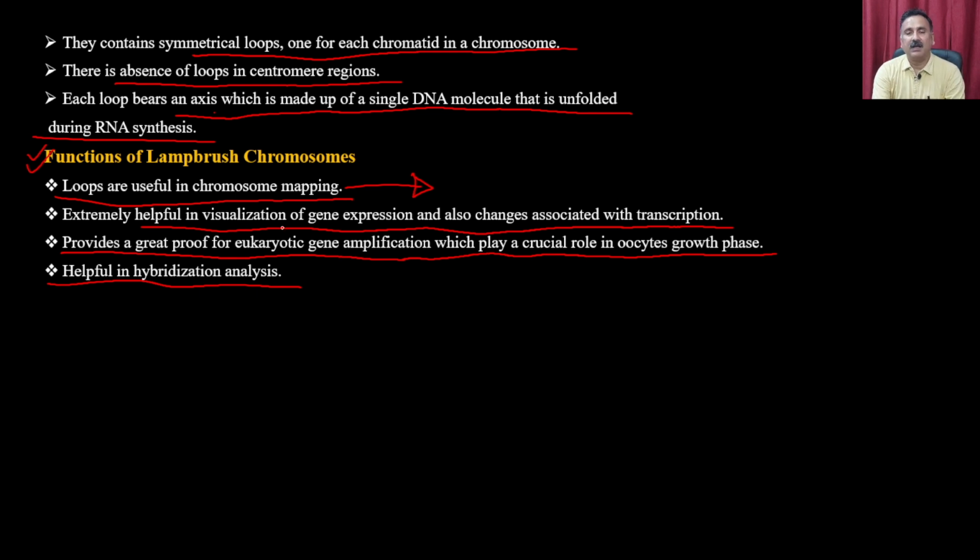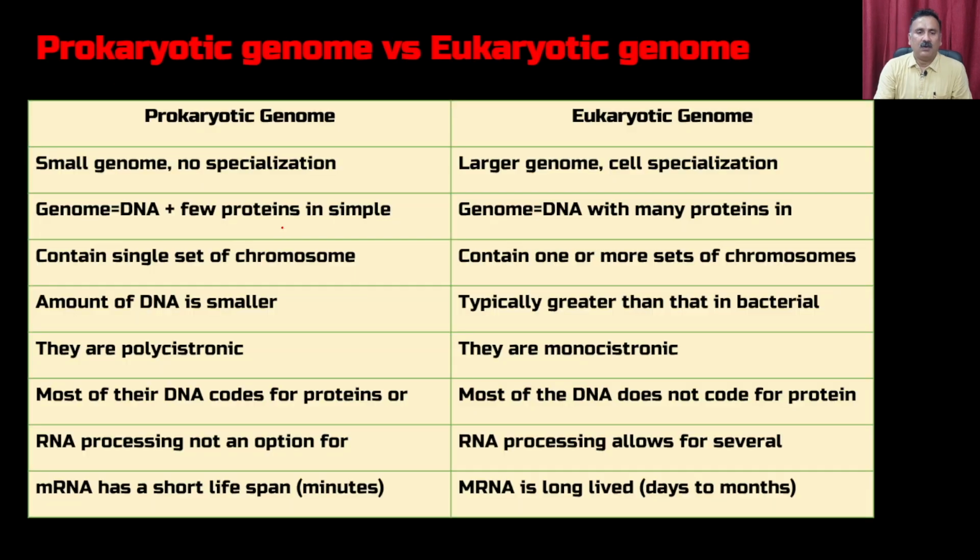Now, at the end, we are going to discuss the comparison of the prokaryotic as well as the eukaryotic genome. Many of these properties we have already discussed, right? So, prokaryotic genome is small in size, it is going to be large in the case of eukaryotic genome.